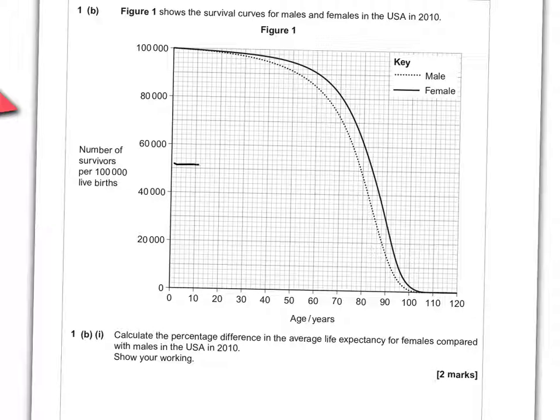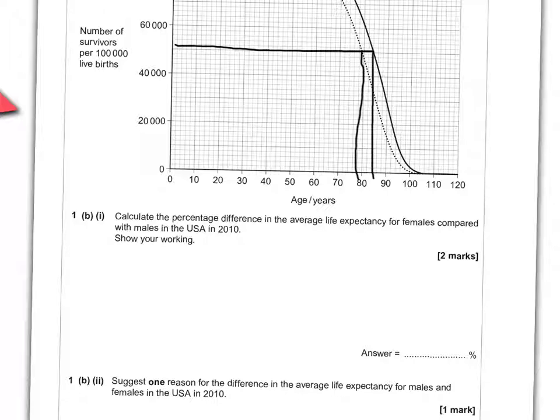Okay, so if we draw a line better than I'm doing at the moment, you can see where it transects, and so you can see that the male is going to be there and the female is going to be approximately there. The two figures you're then looking for are basically either 79 or 80 and 84.